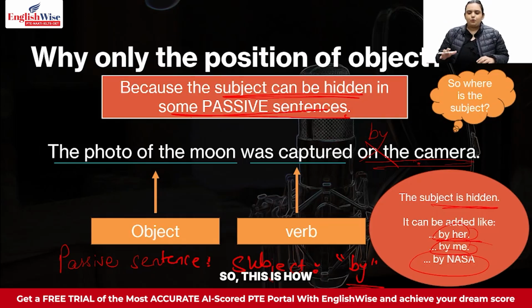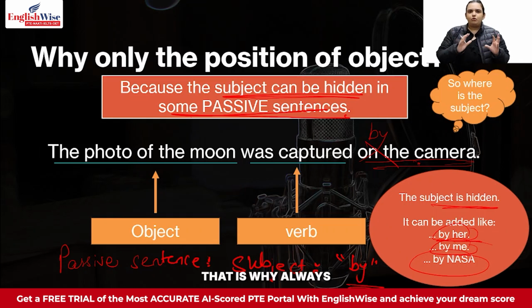So this is how you identify your subject, verb, object or object, verb, subject structures and find out your active passive voice. That is why I always suggest students, please use your objects, not the subject. The reason being, if the subject is hidden and it's a very long and challenging sentence, you might get confused and waste a lot of time or get to the wrong answer.